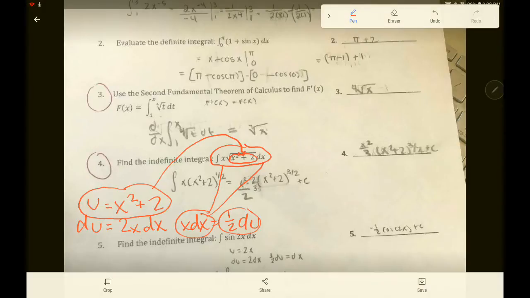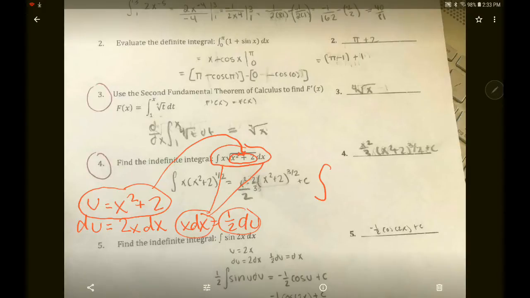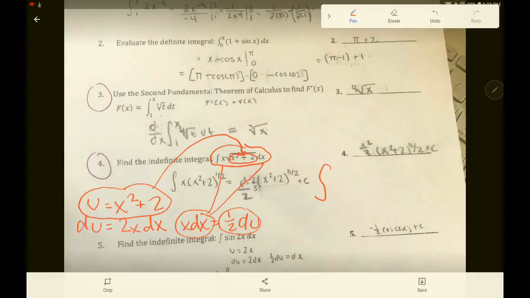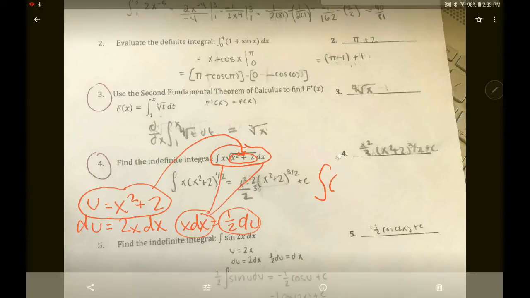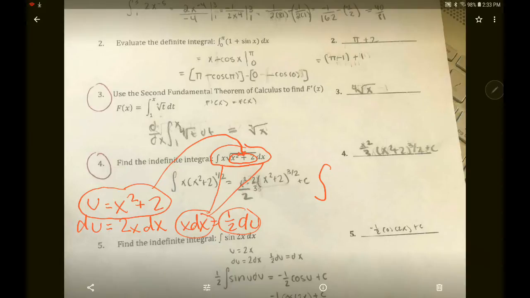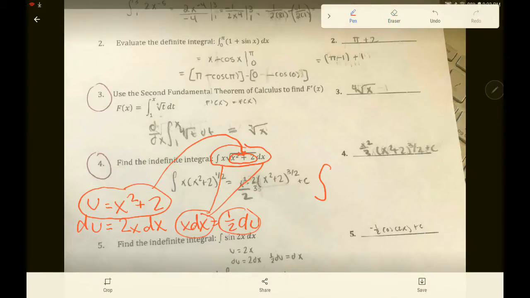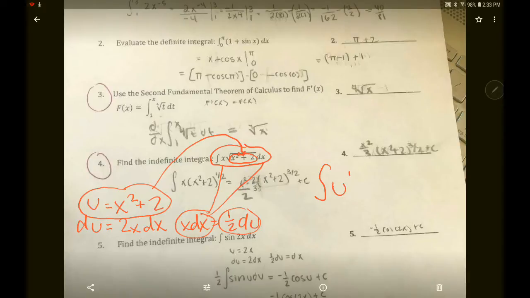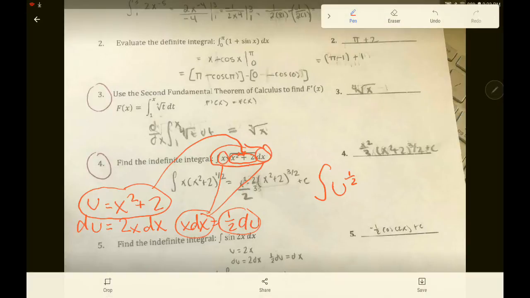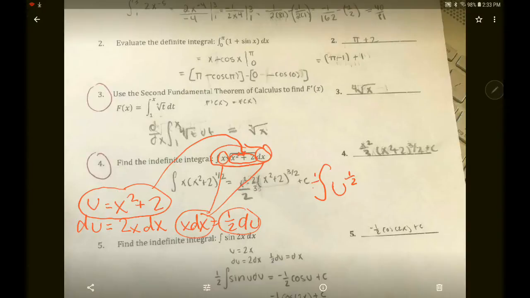So over here I'm going to write our integral with the substitution. It is the integral of x squared plus 2, and we're substituting u for that, so it is u to the 1/2. And now we're substituting for x dx. X dx equals 1/2 du.